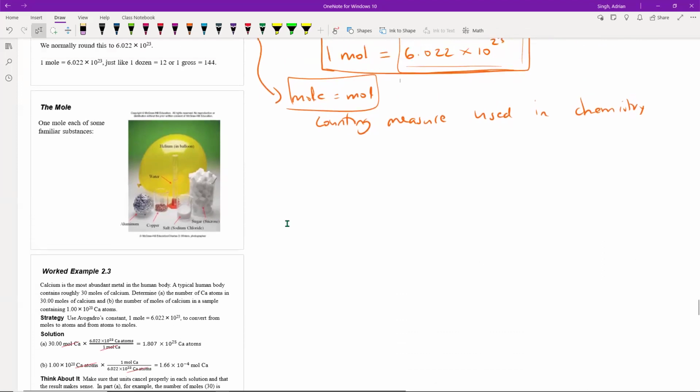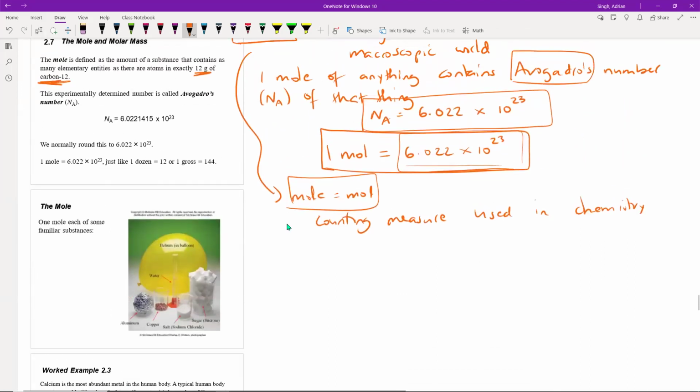We can take that equality and manipulate it just like every other equality we saw before, whether it was a metric equality or an equality that related a metric unit to a different unit or different system. It doesn't really matter. And this is why the dimensional analysis technique is so powerful. We can apply it to this exact scenario as well. So if I have 1 mole equals Avogadro's number, I can put them over each other.